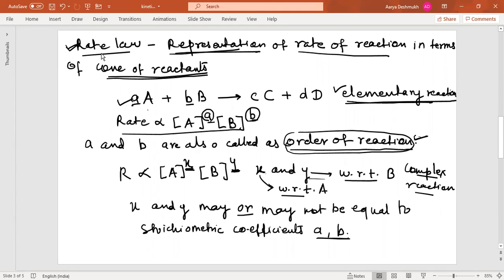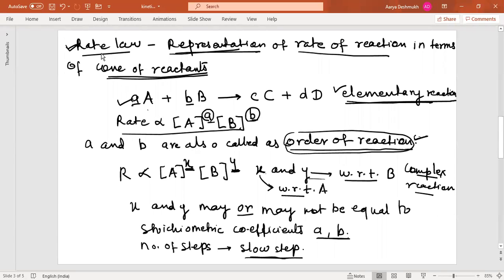As I told earlier also, a complex reaction proceeds in a number of steps. Out of these steps, one of the steps may be the slowest one. Suppose it occurs in 3 steps: the first step is a fast one, the second is a slower one, and the third is again a faster one.